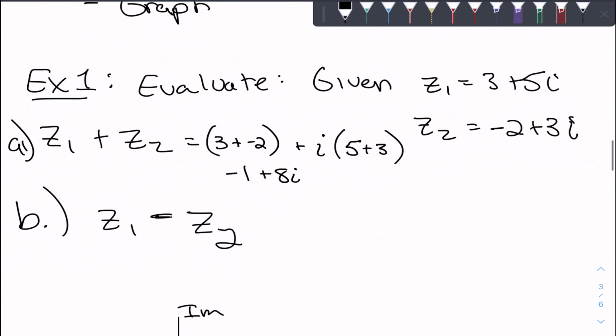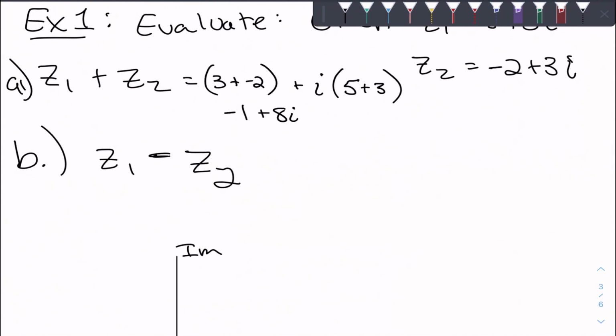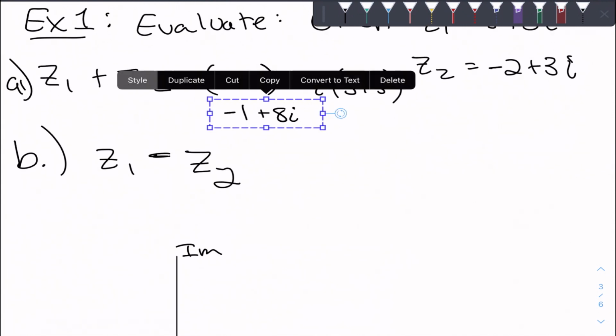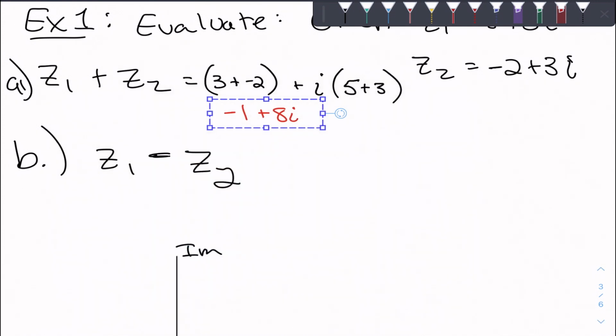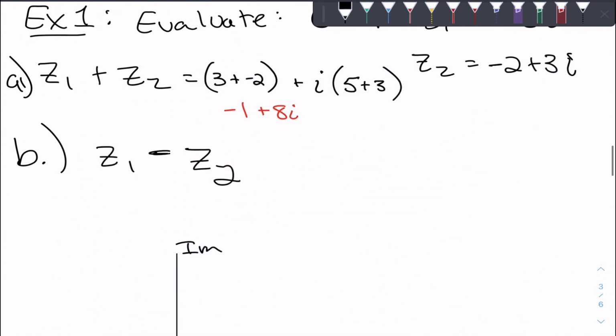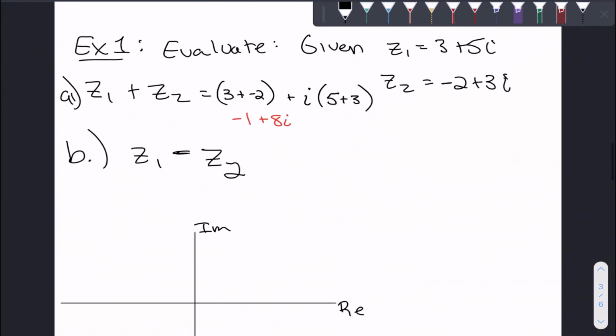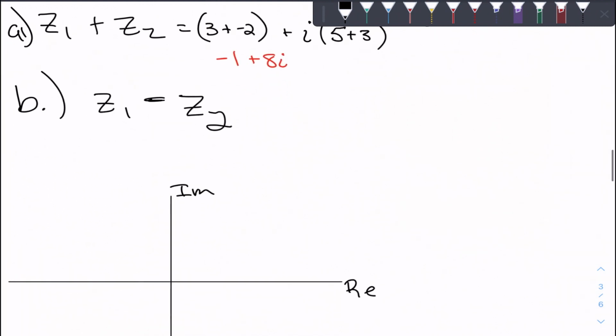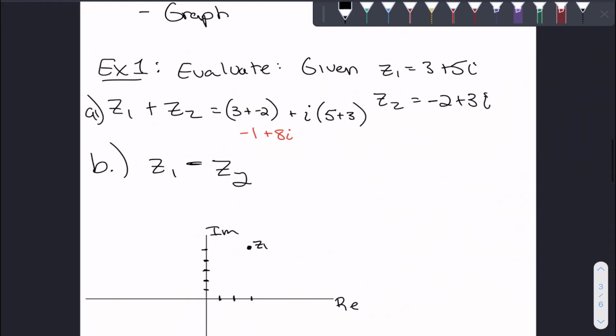Now, what I like to do is visualize what that looks like on the Argand diagram. So if I was plotting z1, it's 3 reals and 5 imaginaries, just like a point.